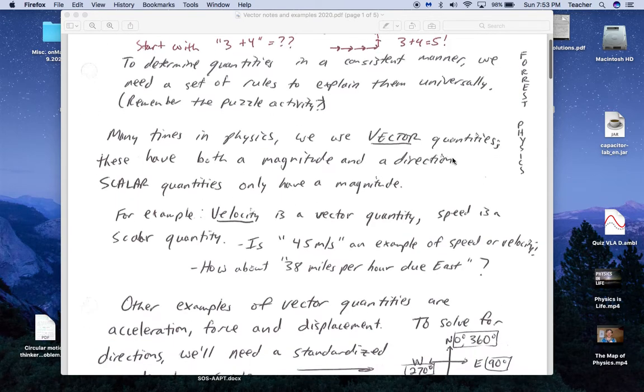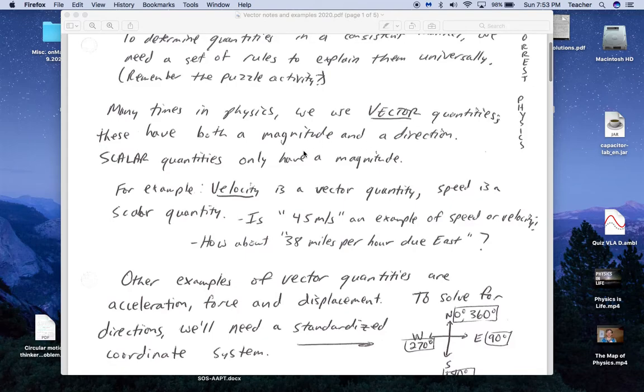So a lot of times we use vector quantities, and those are ones which have both a magnitude and a direction. Scalar quantities are those that only have a magnitude. For example, velocity is a vector quantity, speed is a scalar quantity. If I tell you something is going 45 meters per second, that's a speed.